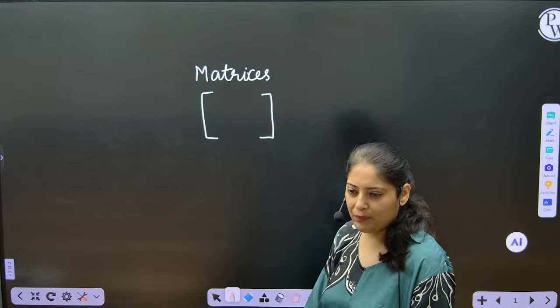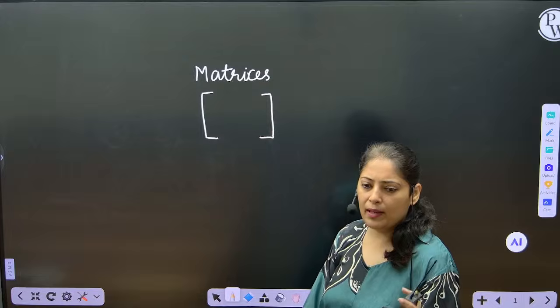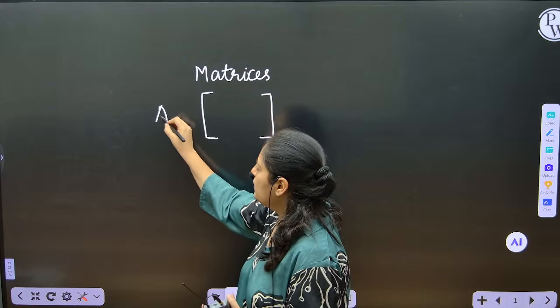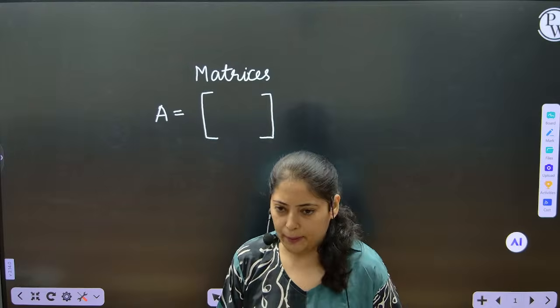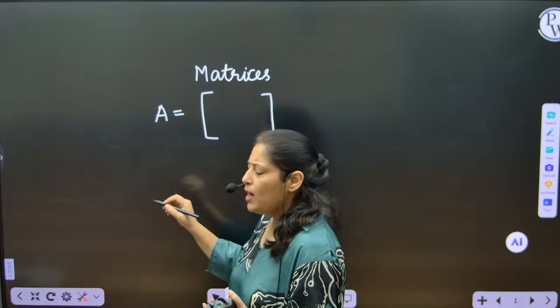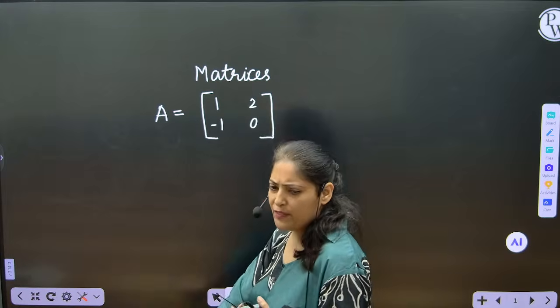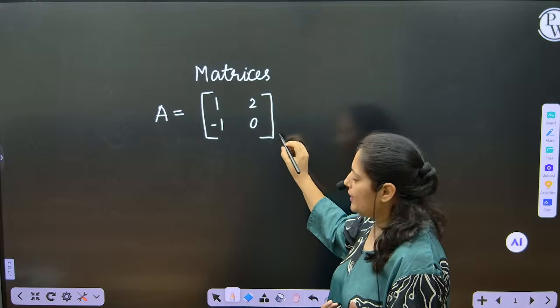It is not actually a bracket, but I am just saying it in simpler language. And one thing I told you is that we will always denote it with a capital letter. Suppose this is 1, 2, minus 1 and 0. This is a matrix.